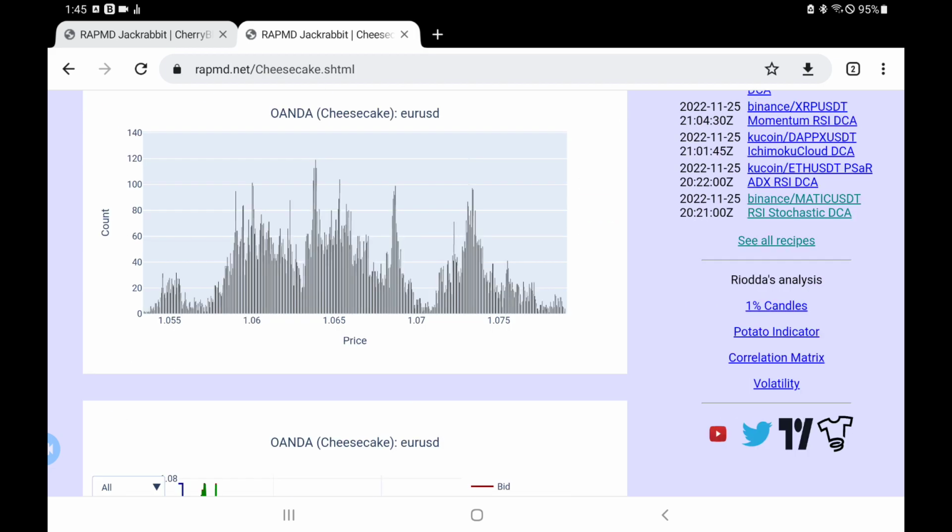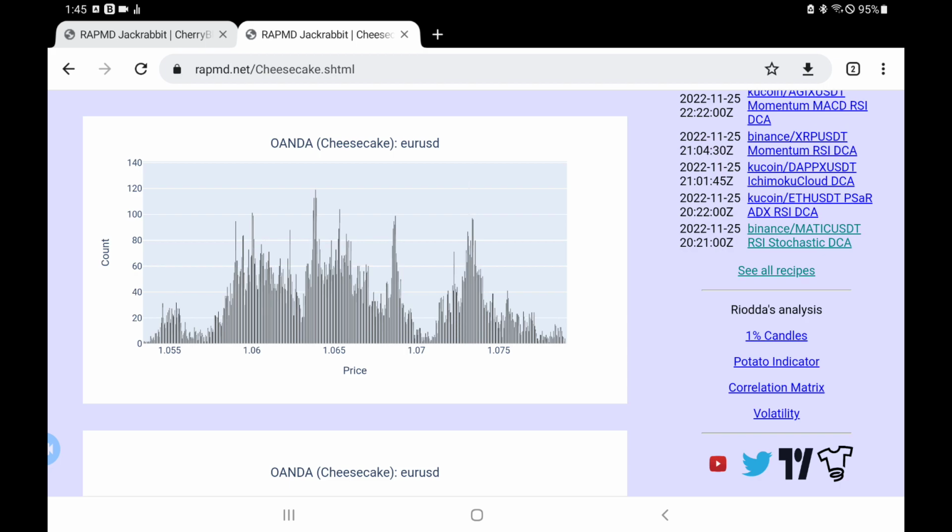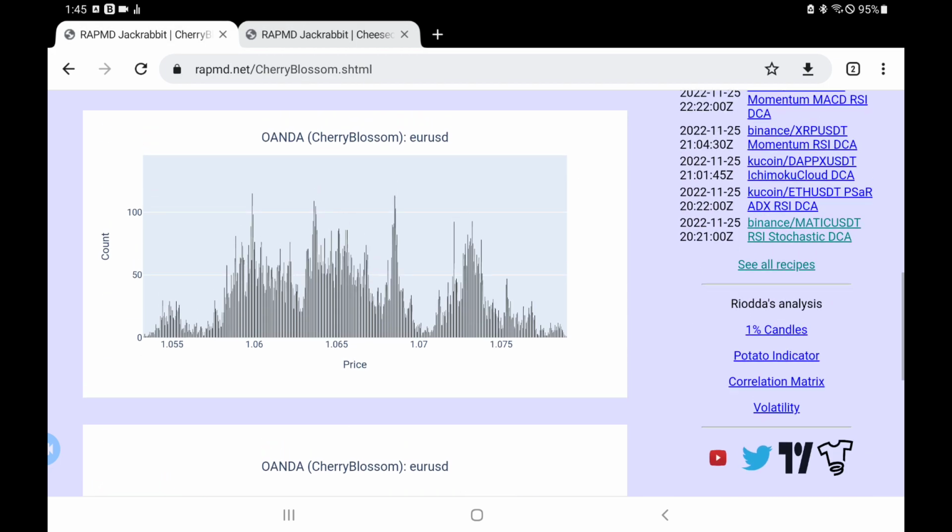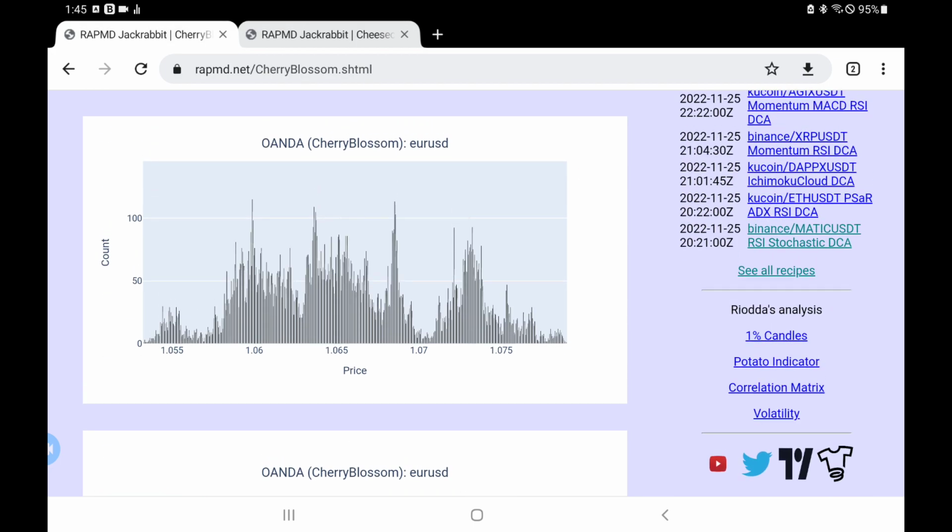So now let's move to the frequency count. This is where it tracks prices. Where is the most frequent price that the market seems to show, which will give a clue to support and resistance or supply and demand. And these zones are what really make the difference for the bot.